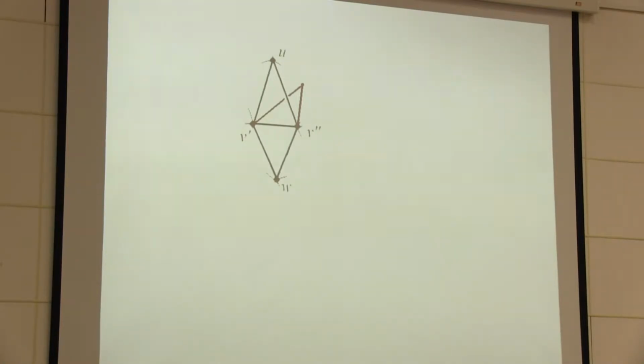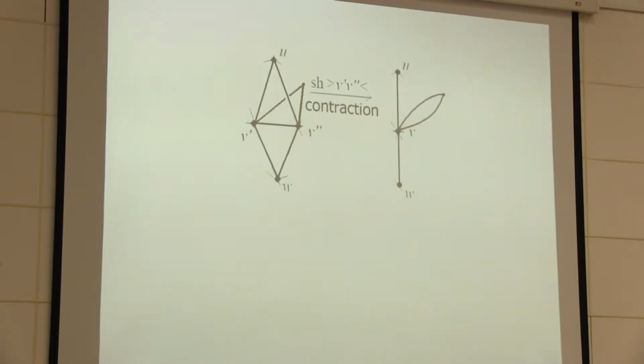This cycle doesn't bound any face, so we call this non-facial. A non-facial cycle of three edges, or we say of length 3, is a cycle of length 3 that doesn't bound any face. Suppose that we want to shrink the edge d' d'', and see what will happen. Multiple edges occur, or parallel edges.